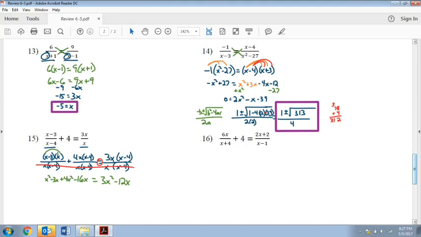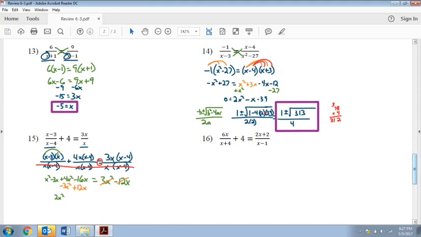Get everything to one side. So we'll subtract the 3x squared and we'll add the 12x. Which is nice, we don't have any units, so that cancels both those guys out. So we have 1, 5, 2, so we have a 2x squared.